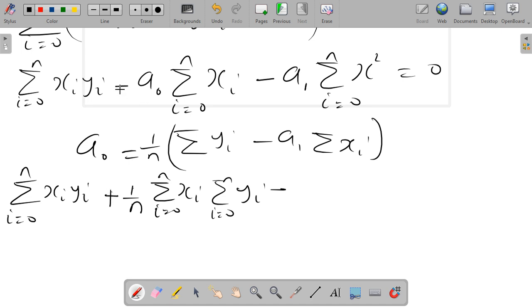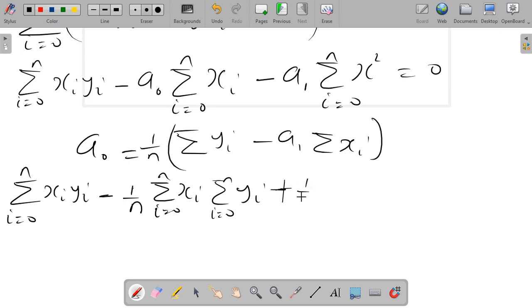Take note of that: the minus here is making this one minus, but the minus here will make this one plus. So let me clean this. This minus multiplying this will give you plus, because there is a minus here. So now we are using everything here to multiply this one and this one.